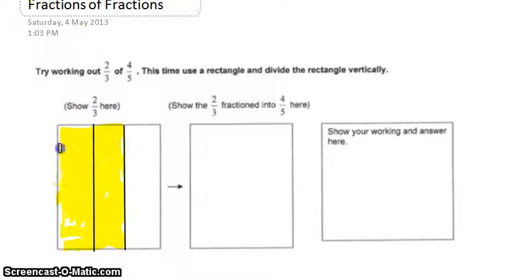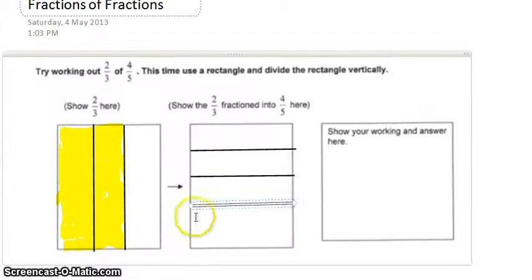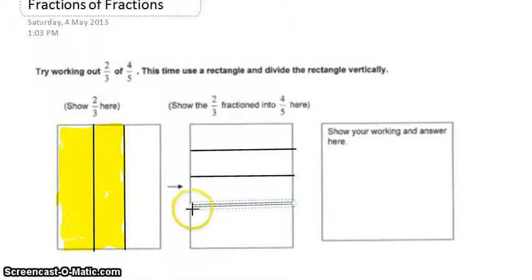Right, now we know what 2/3 looks like, but the question is to find 2/3 of 4/5. So we need to know, what does 4/5 look like? So we might actually do those ones this way, and we're going to cut this one into fifths and shade 4/5.